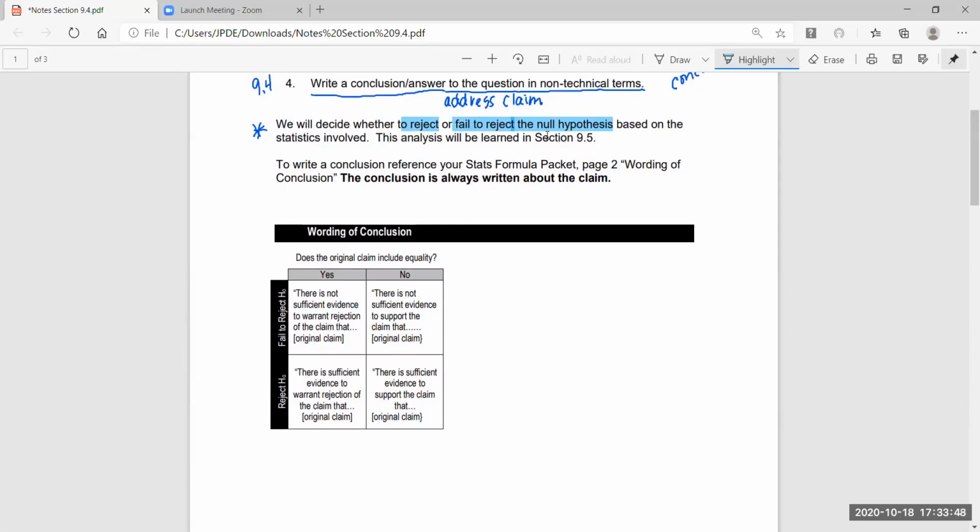Couple things we want to remember. When we have this decision to reject or fail to reject, it's going to be regarding the null hypothesis. So we'll figure that out and we'll know whether we are going to reject H0, null hypothesis, or fail to reject. Don't reject it.